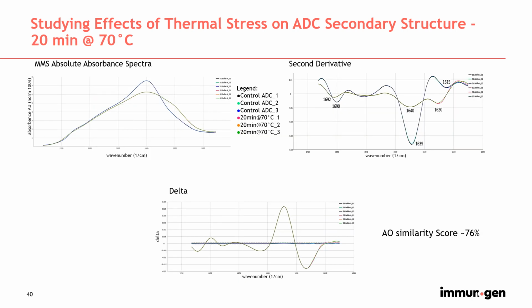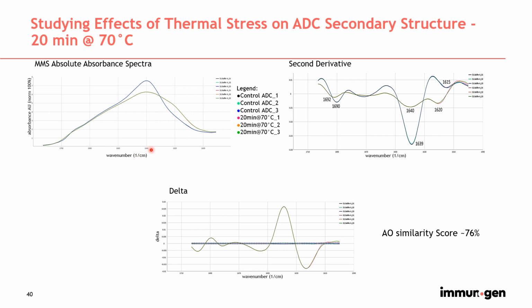So to further challenge the stability of the ADC, this time we used a stress condition of 70 degrees for 20 minutes on the ADC. As we can see from the absolute absorbance spectra, that was enough to cause some change in the secondary structure. Going to the second derivative, we were able to see that the bands corresponding to parallel beta sheets had gone down in intensity, whereas the characteristic band for the antiparallel beta sheet at around 1620 wave number had significantly gone up in the stressed sample.